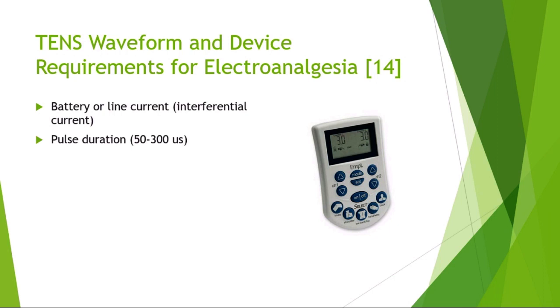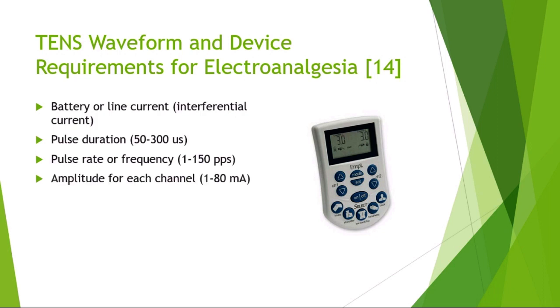Pulse duration is going to be from 50 to 300 microseconds. Submotor threshold, remember? The frequency is going to be 1 to 50 pulses per second. 1 to 10 for the low rate, and probably 50 to 150 for the higher rate.